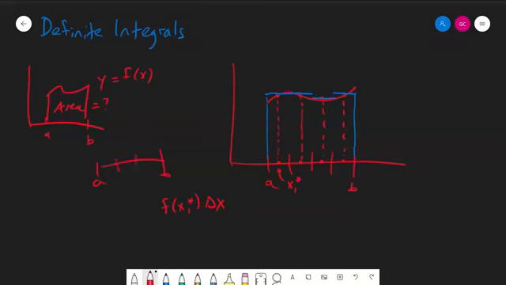Delta x was just the width of one of these. Well, in fact, the width of all of these. Delta x was b minus a divided by the number of pieces n. So f of x1 star gives you a height, and multiplying by delta x, which is a width, gives you an area. And then you just add up a whole bunch of terms that look like this.